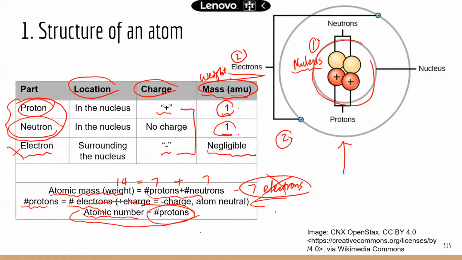For instance, hydrogen has 1 proton, so hydrogen is going to be the first element on the periodic table. It has an atomic number of 1. Next one, helium. Helium has 2 protons, so helium is going to be the second element on the periodic table. Its atomic number is 2.